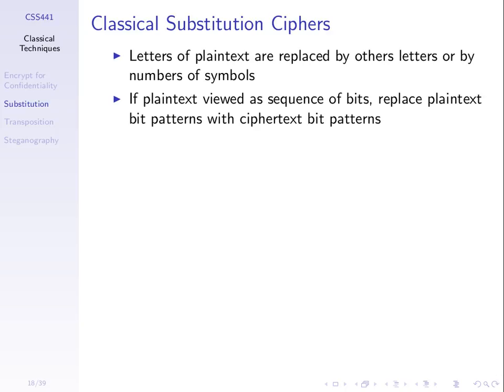So the possible values of the plain text, to keep our examples simple, will normally be A to Z, 26 possible values, lowercase only. Sometimes I'll write answers or ciphertext in uppercase just to distinguish between plain text and ciphertext, but the set of possible letters are only the lowercase letters that we operate in. So we assume the plain text is made up just of the 26 English lowercase letters.